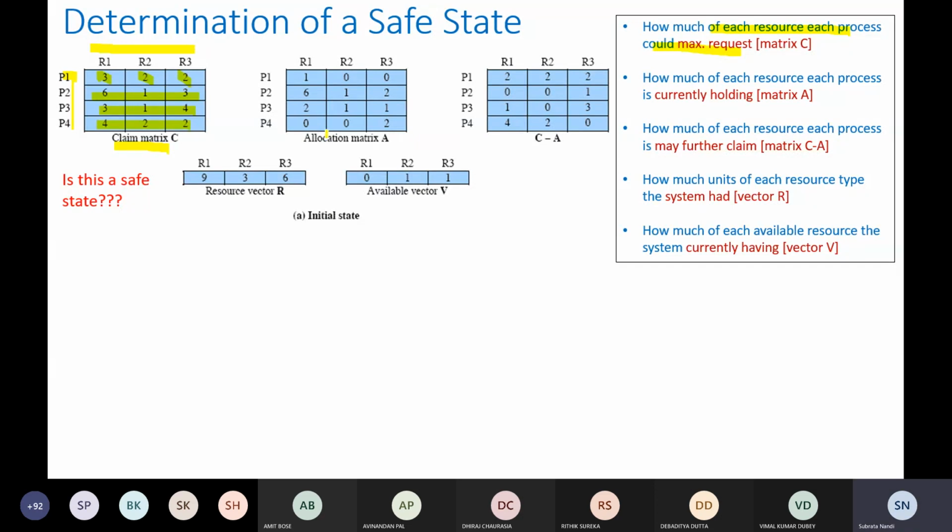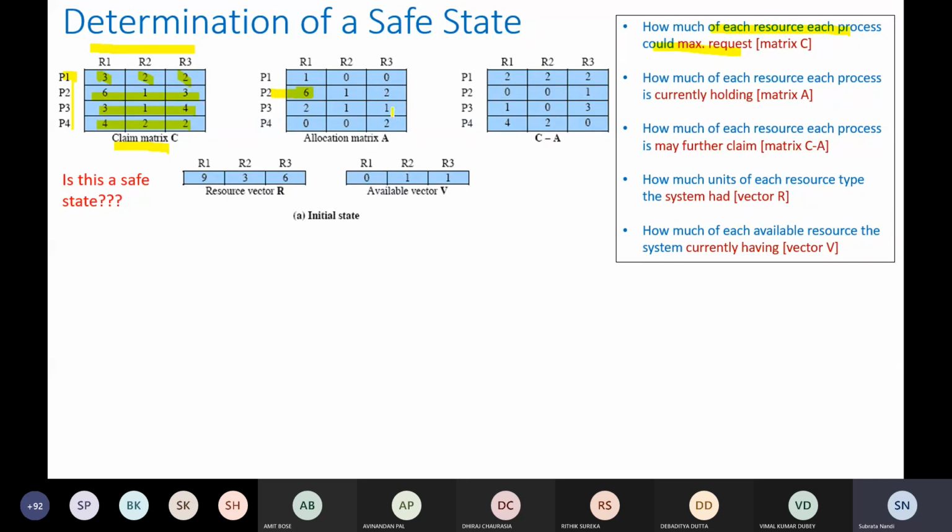And this allocation matrix says what is the current allocation of a particular resource type corresponding to a process. That means this 6 means 6 units of resource type R1 have been allocated currently to P2, or P2 is holding 6 units of R1 at this moment.